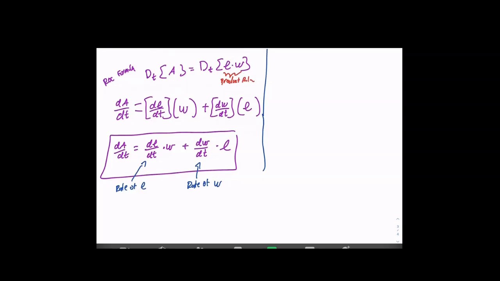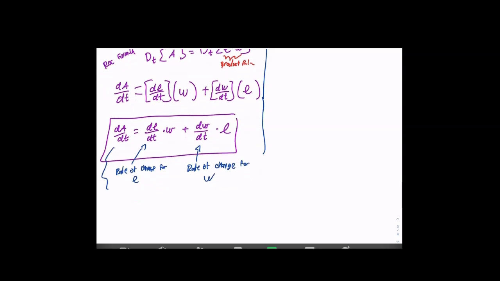In order to know how area is changing, you need to know 4 pieces of information. If I asked you how is area changing, at what rate, what is the rate of change for the area? Actually, I should have written rate of change. So what is the rate of change for A?